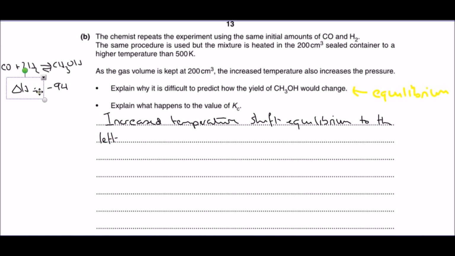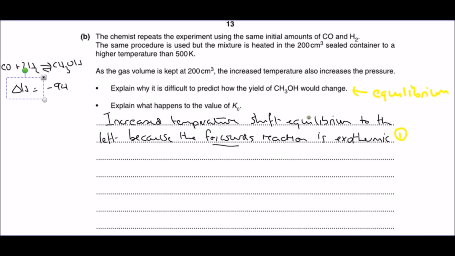Okay, so if you look at this up here, we've got minus 94 kilojoules per mole for the enthalpy change, so that means that in the forwards direction it's exothermic. So we're going to say because we have to explain it, the forwards reaction, so you must state the direction, is exothermic. Okay, and that's our first mark.